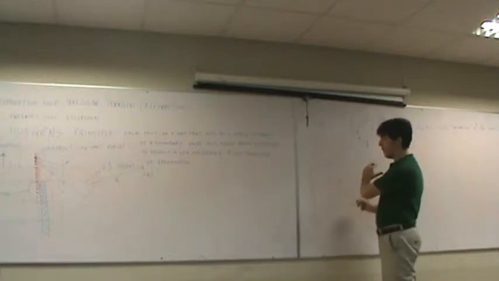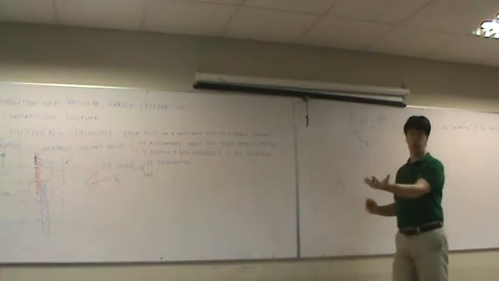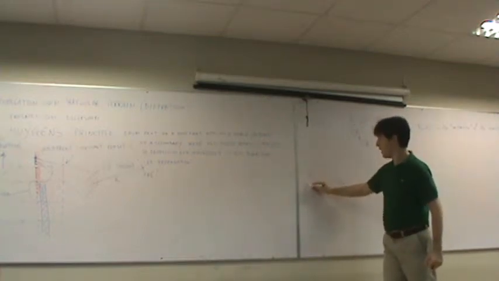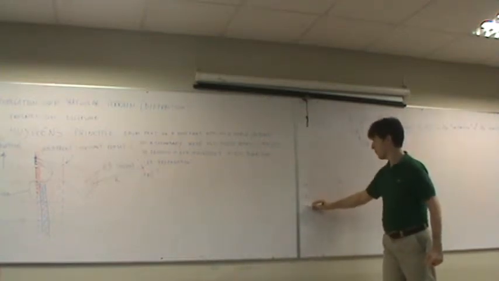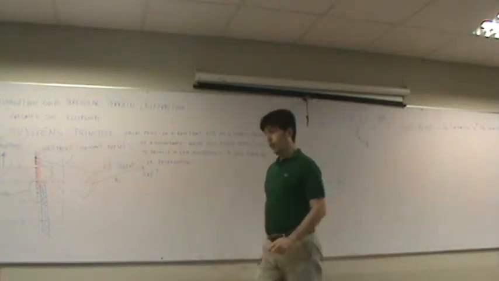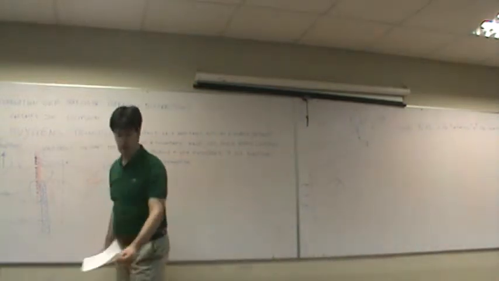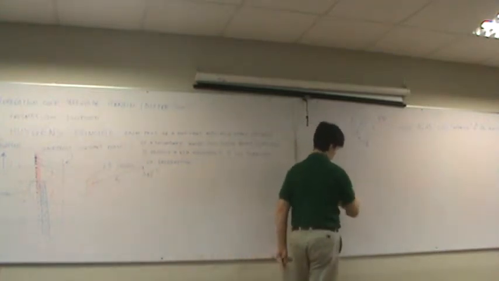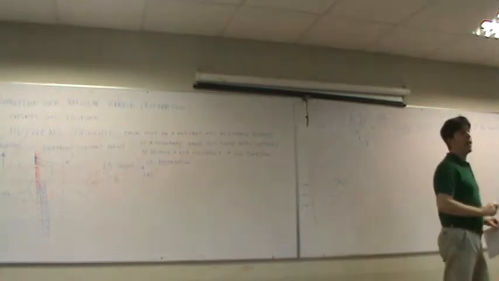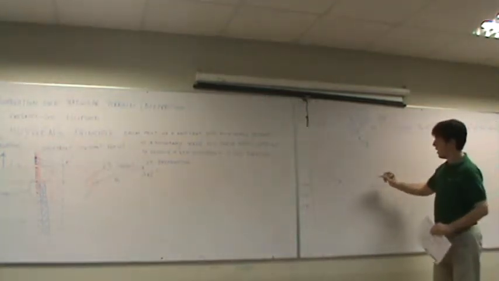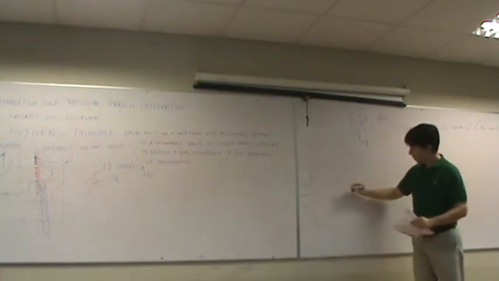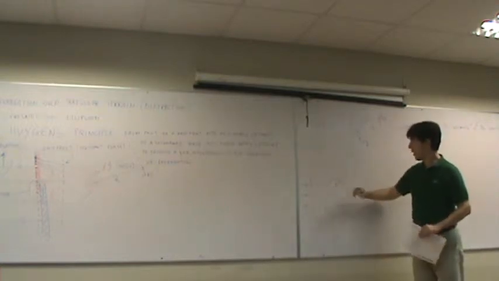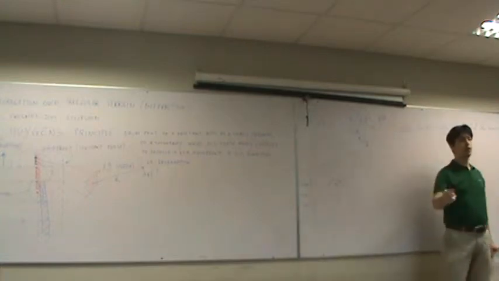From the left side of the wall, there is an electromagnetic wave coming. The wall is absolutely opaque, it cannot be penetrated. And our question is, if we make a hole, and the radius of this hole is A, what happens on the other side of the wall, at a given distance?